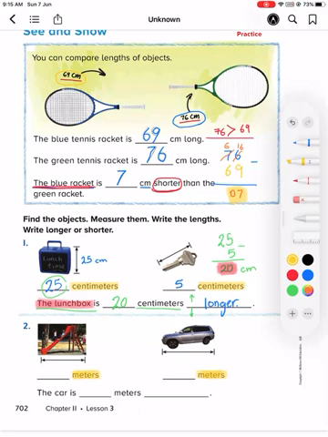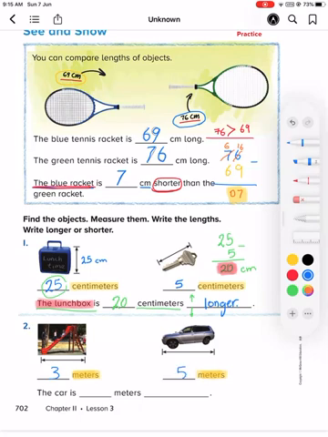I can't use the ruler to measure them. So the slide is 3 meters. Sorry, I used the wrong pen. 3 meters, and the car is 5 meters.